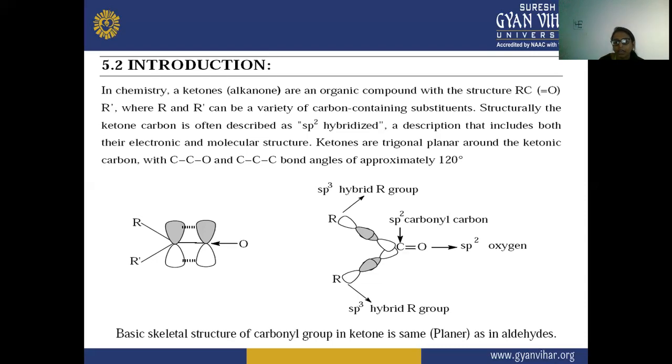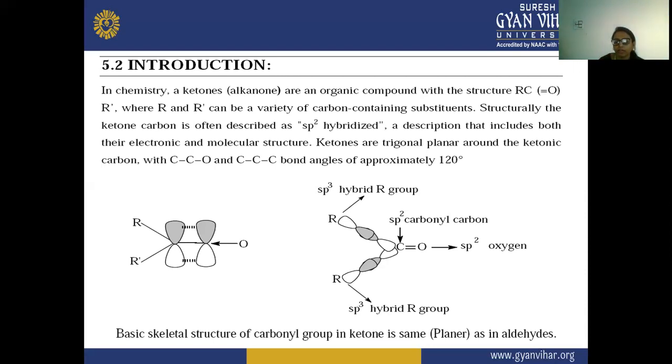But the carbon that is attached to the oxygen and the two alkyl groups is the sp2 hybridized carbonyl carbon, because this carbon is bonded to two alkyl groups and one oxygen. According to hybridization, we add the number of atoms attached to the atom and the number of lone pairs present.